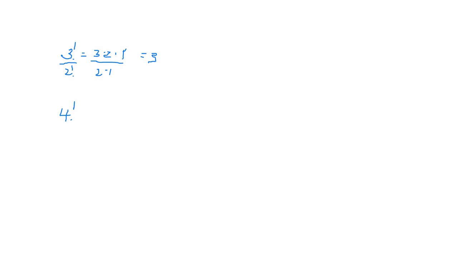Let me know if you have any questions. If you had 4 factorial over 3 factorial, 4 factorial is 4 times 3 times 2 times 1. 3 factorial is 3 times 2 times 1. You're going to get 4. So far, so good. Are there any questions so far?